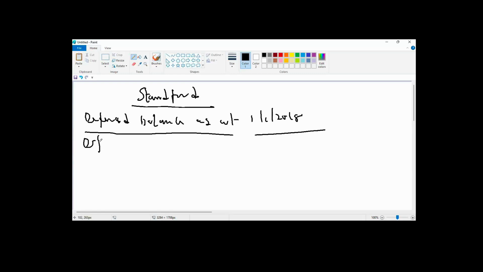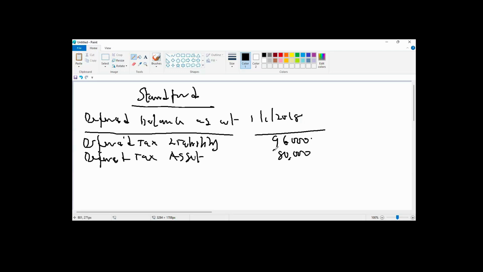So deferred tax liability as at the beginning of the year is 96,000. Deferred tax assets is 80,000. What is my deferred tax at the beginning? 16,000, which is the credit balance in the statement of financial position.